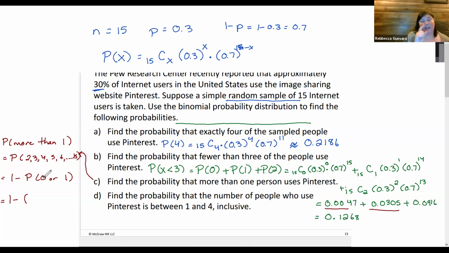So the probability that 0 or 1 people are using Pinterest is 0.0047 plus 0.0305. So that's 1 minus... I'm going to have to do some clearing out to get that last problem in here. That means that's 1 minus the probability that 0 or 1 people use Pinterest out of 15, that is 0.0352.